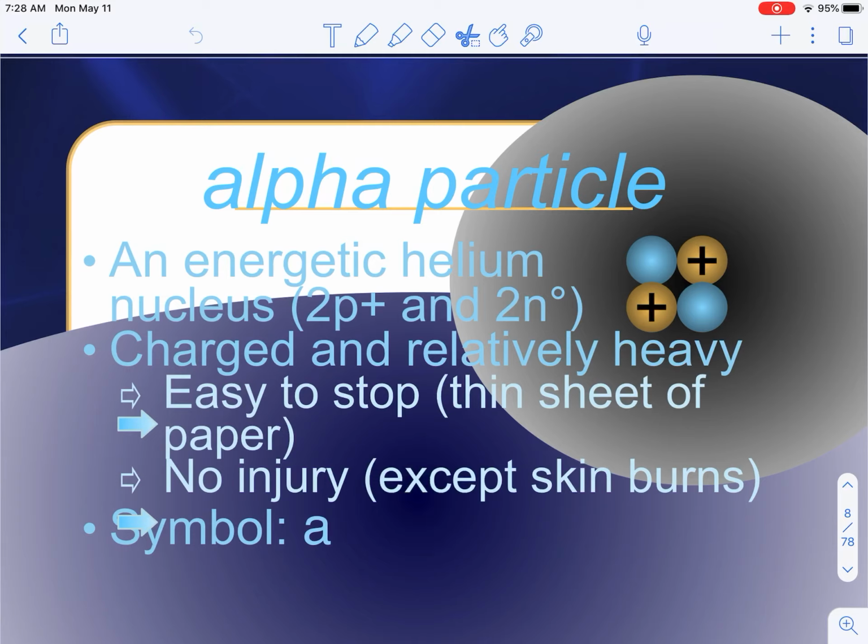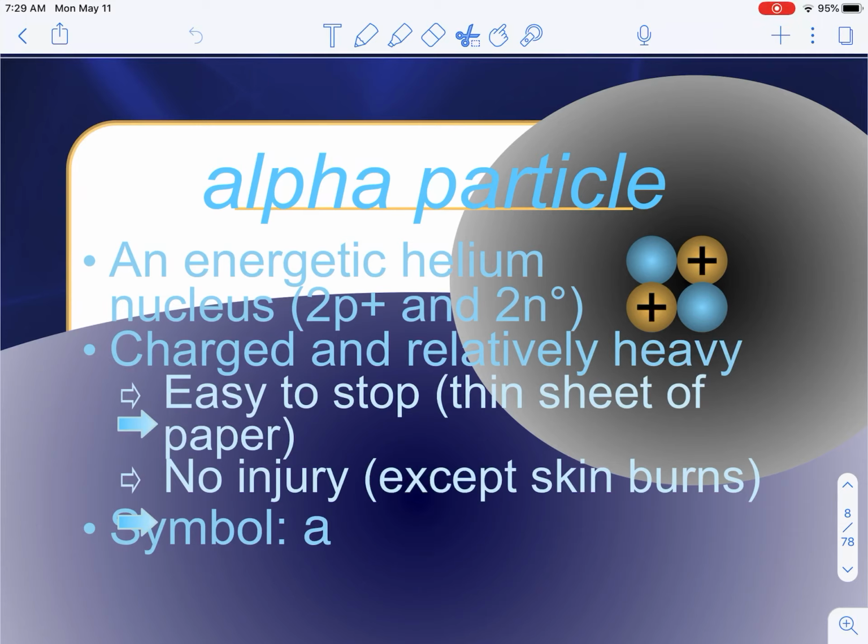The reason is because it's a large particle, so it cannot fit into small places very easily. And it has a positive charge. So as soon as it hits a cell that is not charged, it actually absorbs and the cell will give it its electron so that that alpha particle is no longer charged. It reacts really quickly, turns right back into helium.